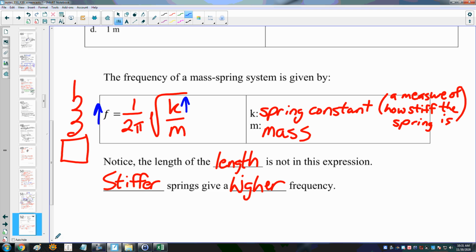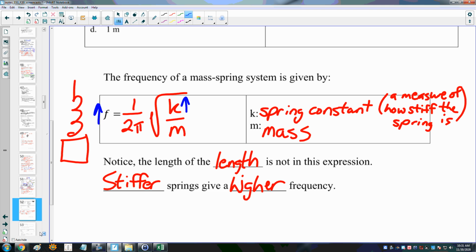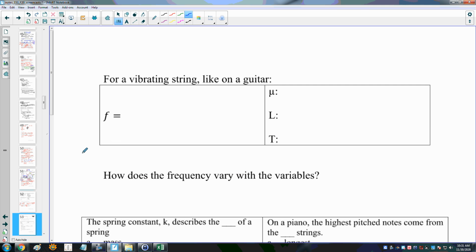We have a very similar expression. In fact, this expression will be more relevant for our study of human voice production for a vibrating string, because effectively we have a vibrating string within our voice box. For a vibrating string, like on a guitar, the frequency looks really similar to a spring. It involves T over mu, where mu, the Greek letter mu, gives us the linear mass density.